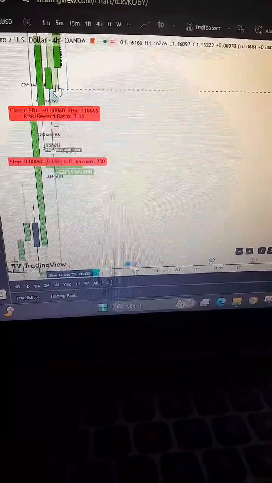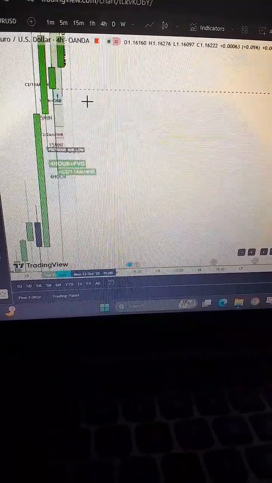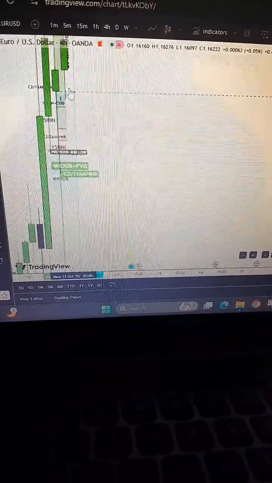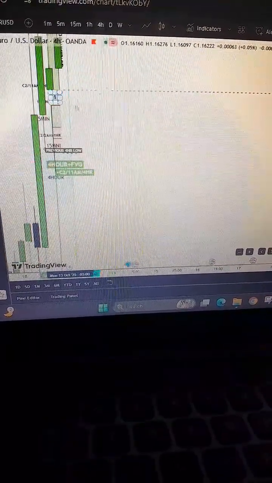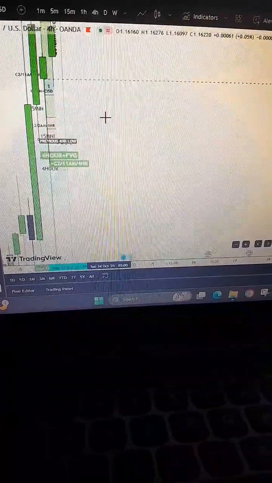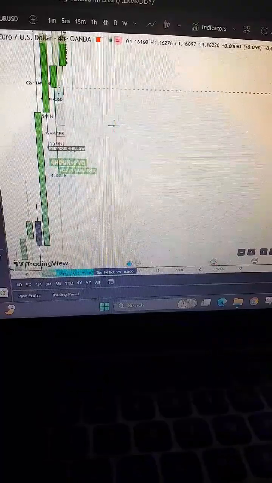The market opened up on Monday, and also obviously opened in a new 4-hour candle, and then price opened bearish first because obviously it's open, high, low, close. And if you want to be bullish, you want to see price open low and then high and then close.